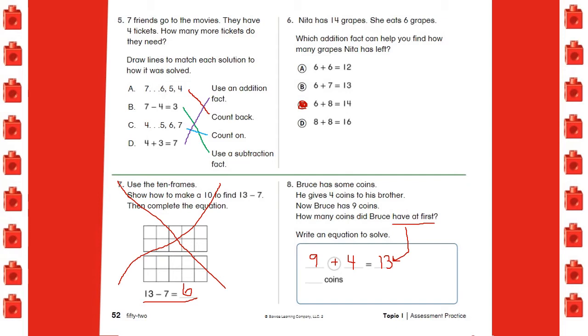Another way you could have done this is something minus 4 equals 9. You could have done it that way. Okay, whichever way you chose, the correct answer is 13. He had 13 coins at first.